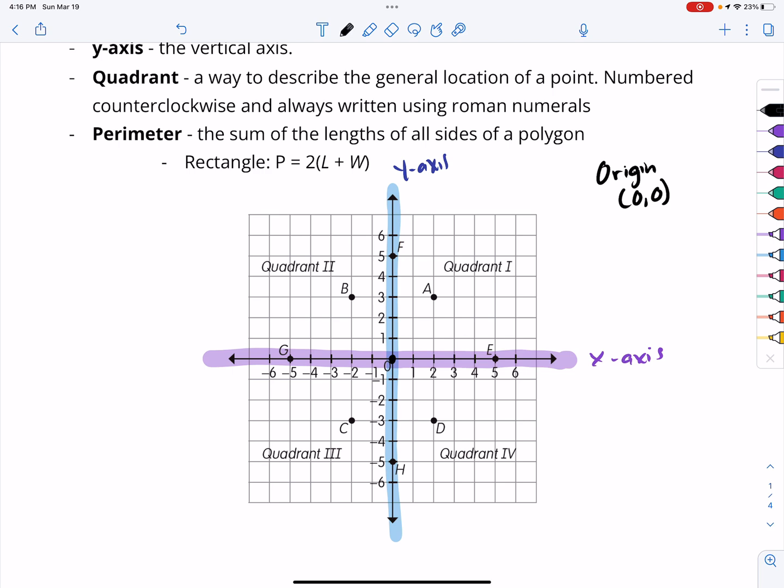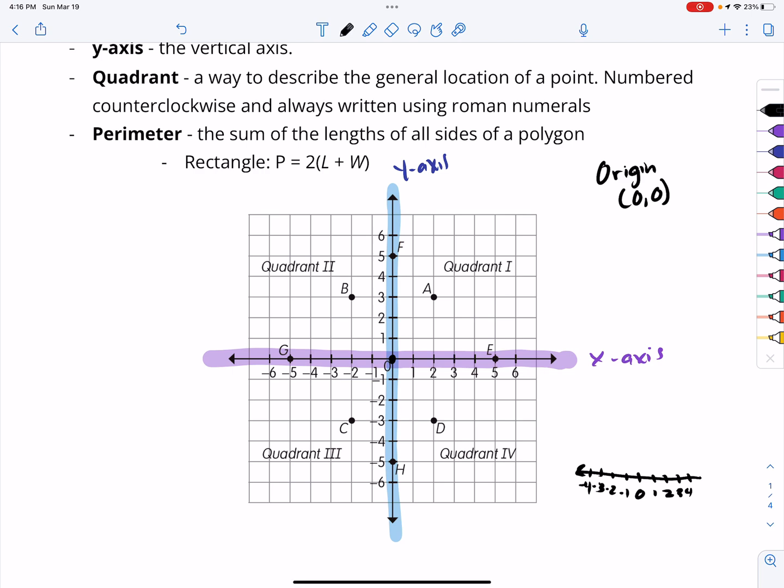And before we get into the quadrants, I do want to point out that you essentially have two number lines that start at 0, and as you go right horizontally, the numbers increase and they are positive. And then left, they decrease, and you're dealing with negative numbers.